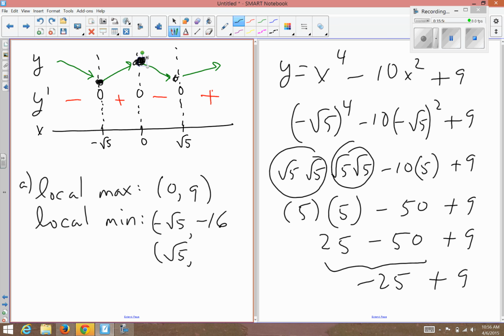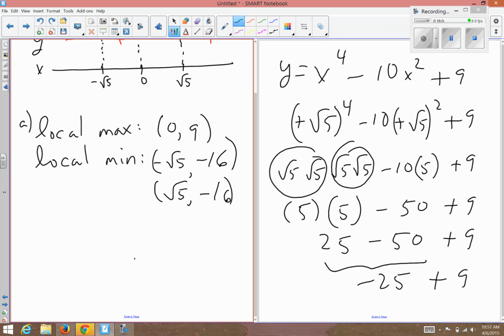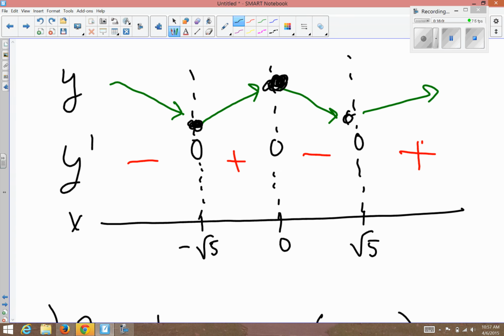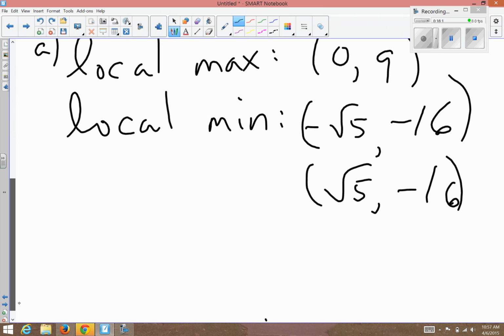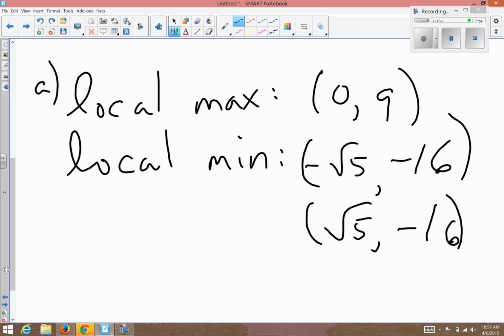You should realize that if I use positive radical 5 instead of negative radical 5, this still comes out to be negative 16. So there's the answer to part A. Find the local extrema. Here's our answers.